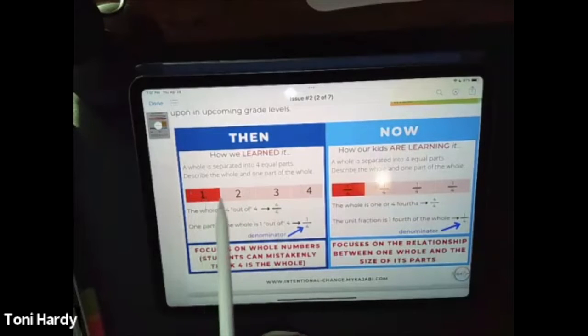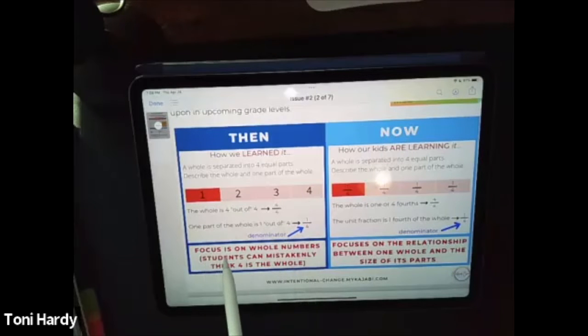We have 1, 2, 3, 4 parts in the whole, and we numbered them 1, 2, 3, 4. The whole is 4 out of 4 parts, which is 4 over 4. And one part of the whole is 1 out of 4. Okay, this is how it's shown, where we have that denominator there.